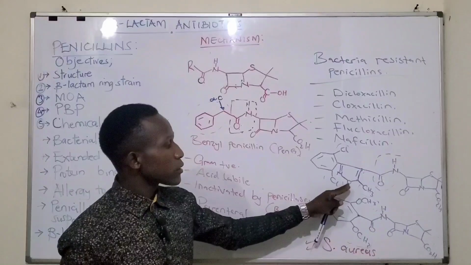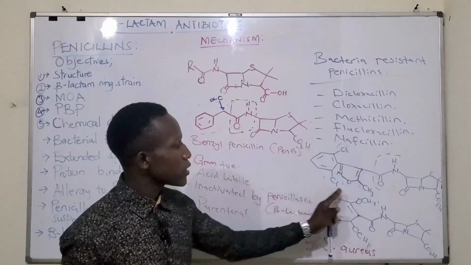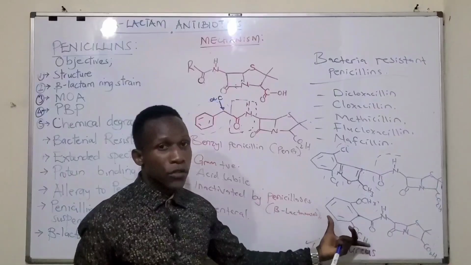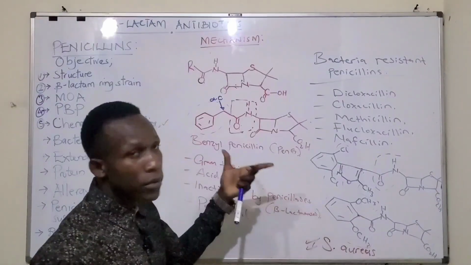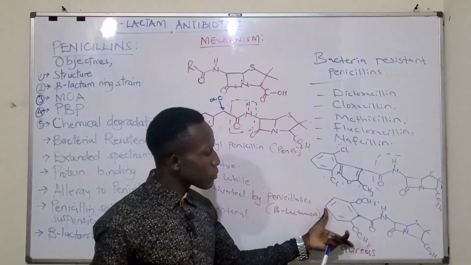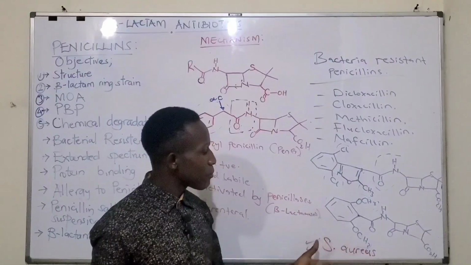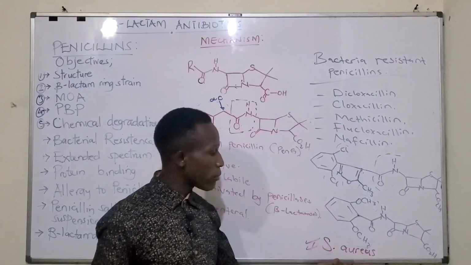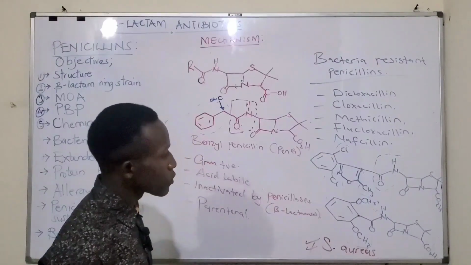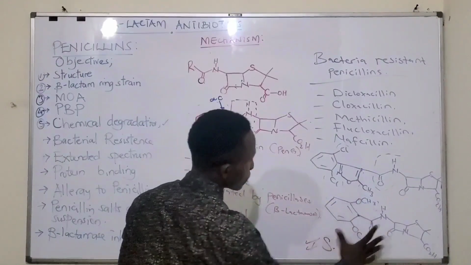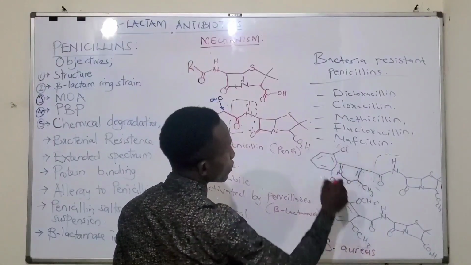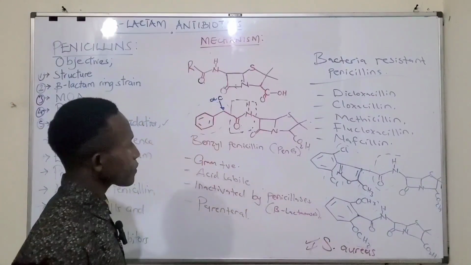Because this side chain is highly lipophilic and bulky, it cannot penetrate the gram-negative membrane easily. So it is resistant to penicillinases, but it's for gram-positive bacteria which produce penicillinases, because gram-negatives it can't penetrate easily. This is very bulky and highly lipophilic.